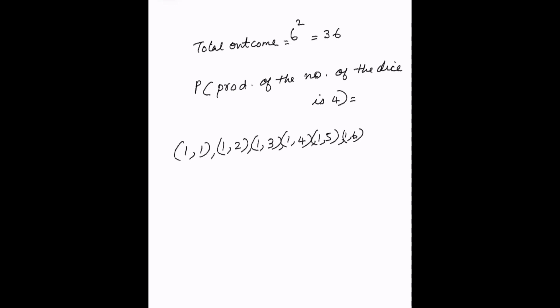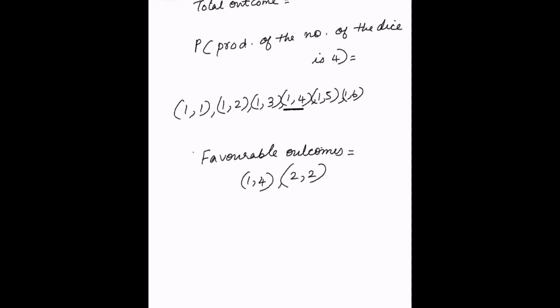Look at the first row and which items satisfy the favorable condition, I mean, the product has to be 4. Don't you think 1 and 4 satisfies? So you can write that. In the second row, 2, 2 satisfies. So I'll write favorable outcomes as 1, 4, then 2, 2.